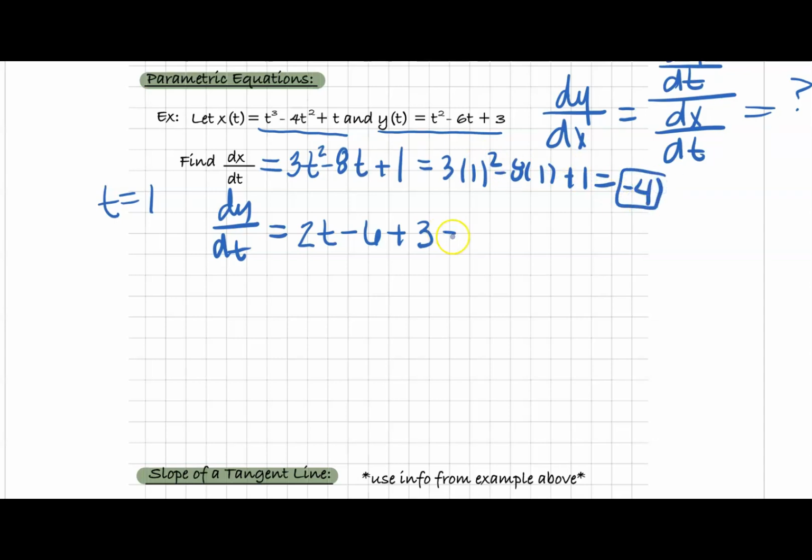Then I could plug 1 into dy dt, and excuse me, I messed up that derivative. The derivative of 3 is just 0, so I don't need that. Sorry for that mistake. I plug in 1 into this one, and you can see I just get -4 as well. So I can approach the derivatives of these individual functions, but if my end game is to figure out what dy dx is, then we need to jump down to that. But now we have the pieces that we need, and we've seen how we can work with them.